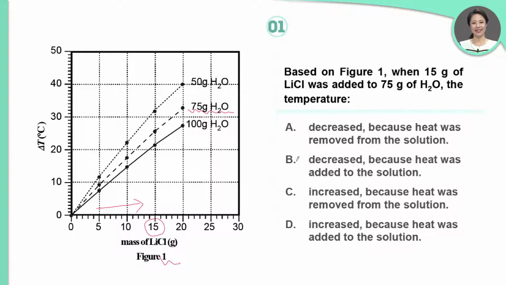So you have to say the temperature increased because heat was added to the solution. If you said removed from the solution, that means you subtract the temperature, so temperature initial would have to be bigger than temperature final. Added means you add the heat. Temperature final is bigger than temperature initial, so the answer has to be D.